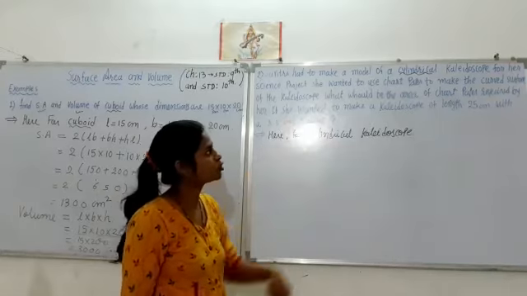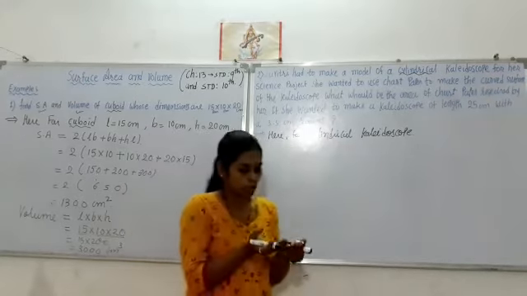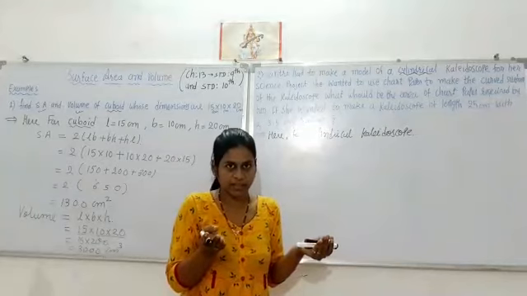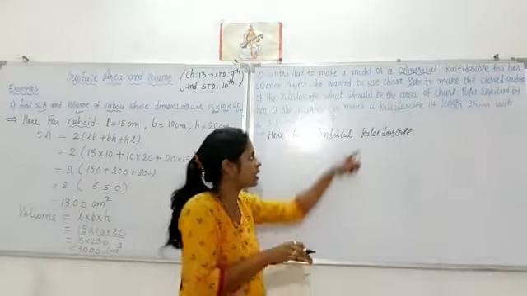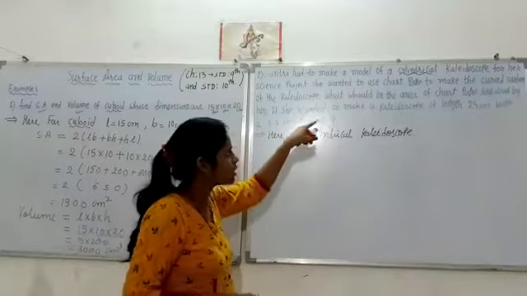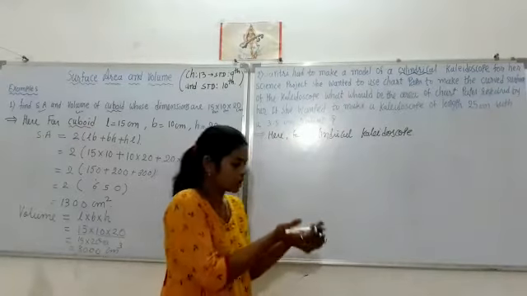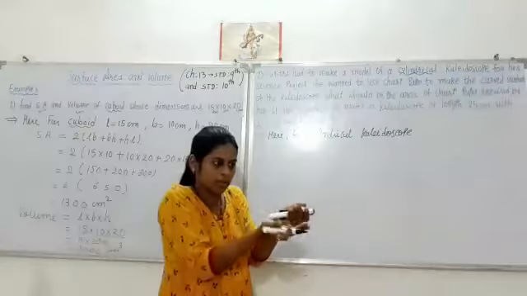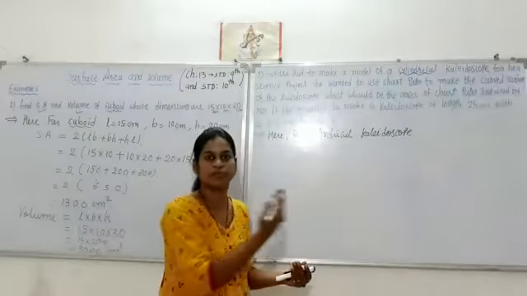She wanted to use chart paper to make the curved surface of the kaleidoscope. You have one chart paper, suppose of rectangle shape, and you turn this into a cylindrical shape for making a kaleidoscope. What would be the area of chart paper required by her? So you want to find its curved surface area.